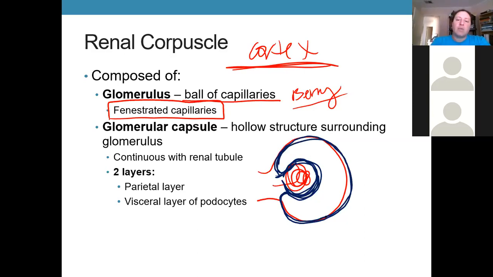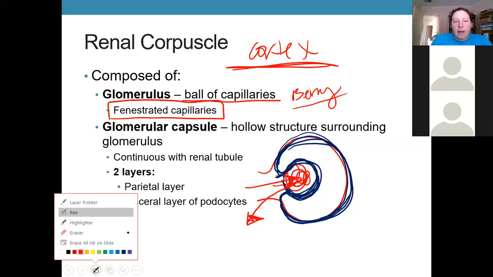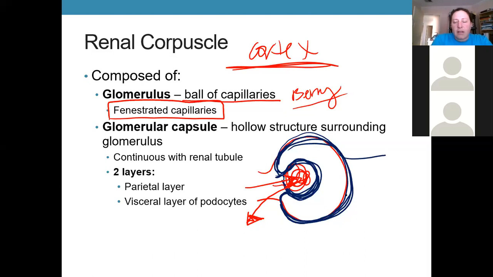The parietal layer forms the outside, the visceral layer covers the capillaries, and the blood is coming in from that side over there. The blood comes in from here and comes back out from there. When you form a ball, you still need an exit. And then the rest of the nephron is a tube, and it goes that way. This capsule is actually continuous with this tube.